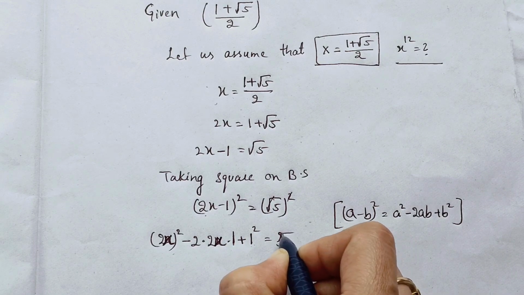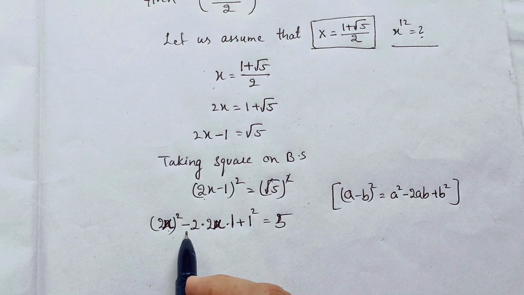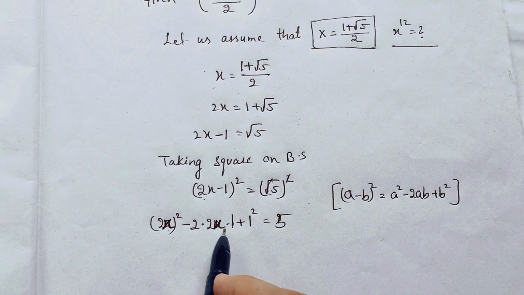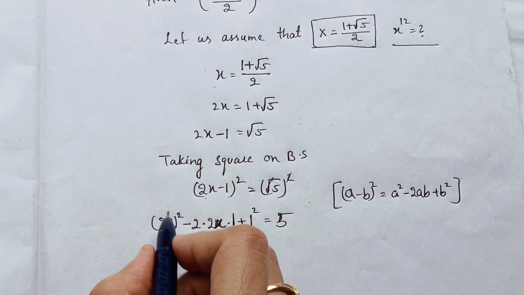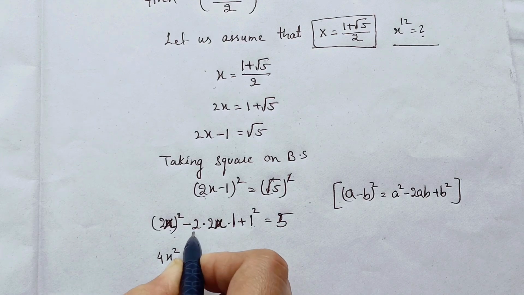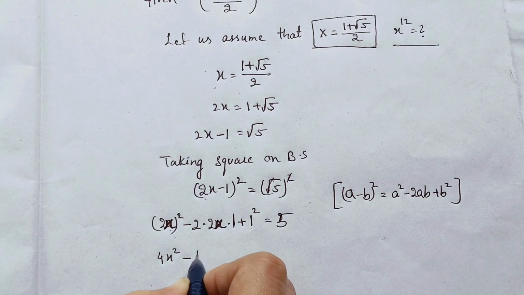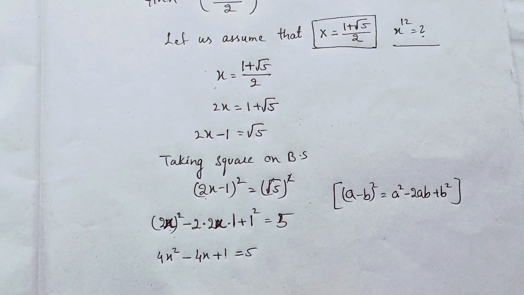So (2x) square minus 2 into 2x into 1 plus 1 square equal to 5. So (2x) square means 4x square, minus 4x, plus 1 equal to 5.